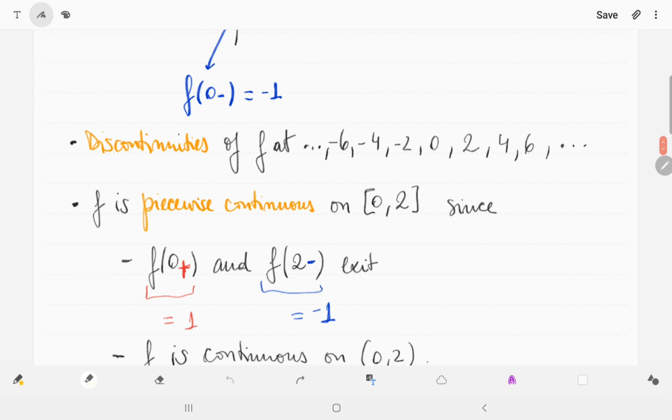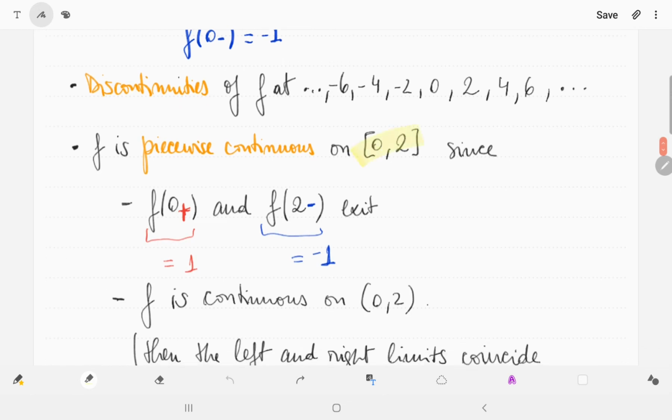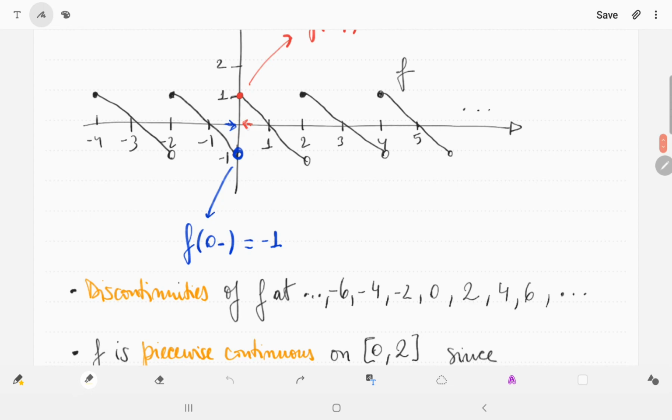Well, here we have the list of discontinuities: -6, -4, -2, 0, 2, 4, 6, and so on. As we said, this is a piecewise continuous function on this interval [0, 2]. Sorry, we were looking here maybe at, yeah, let's look at this interval because it has the length of the period.